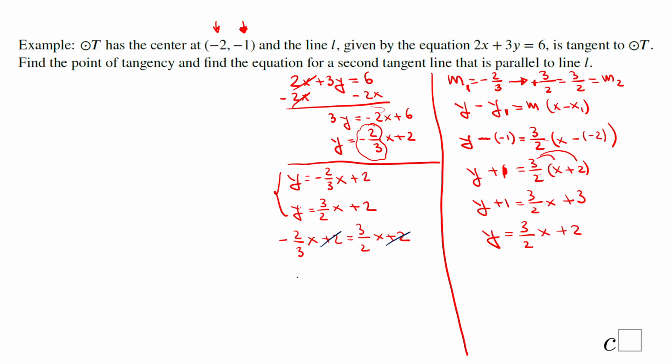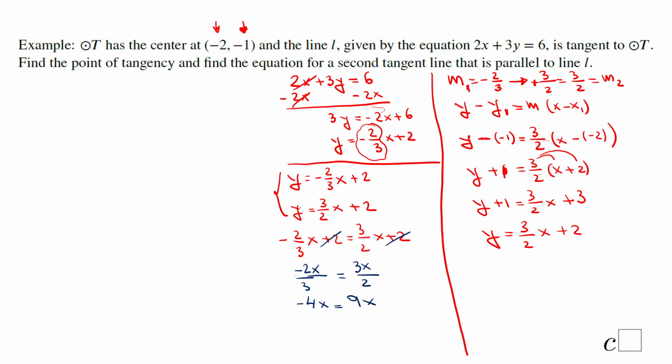We have negative, you know what, I'm going to do it like this: negative 2x over 3 equals 3x over 2. I think it's easier because now we can use cross multiplication, and we have negative 4x equals 9x.